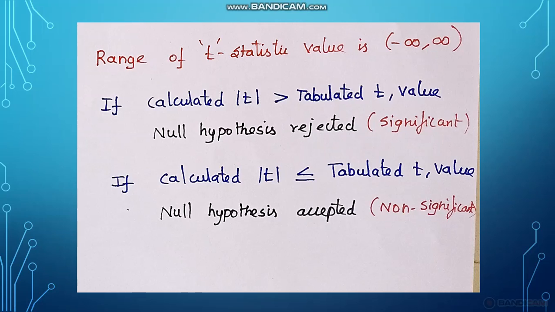First we find the calculated t value. If it is greater than the table t value, it is significant and the null hypothesis is rejected. If it is less than or equal to the table t value, it is non-significant and the null hypothesis is accepted.